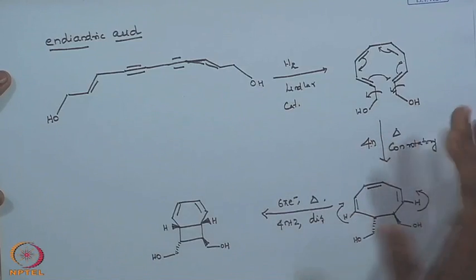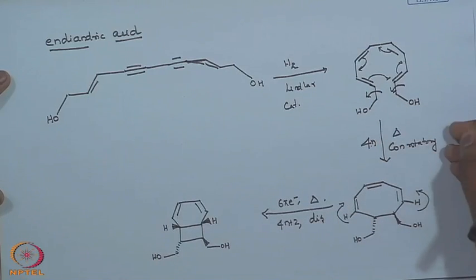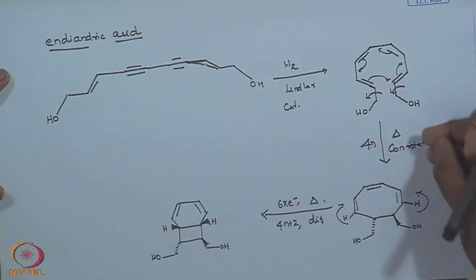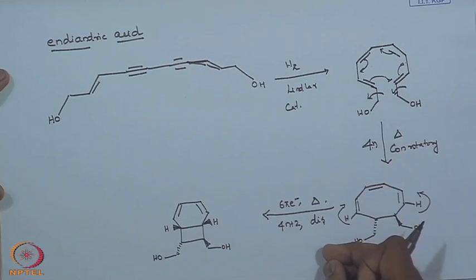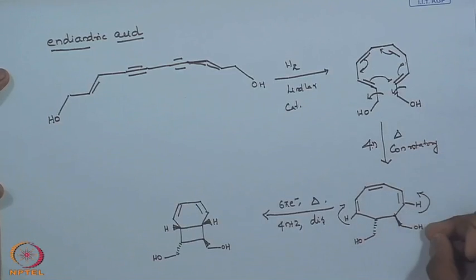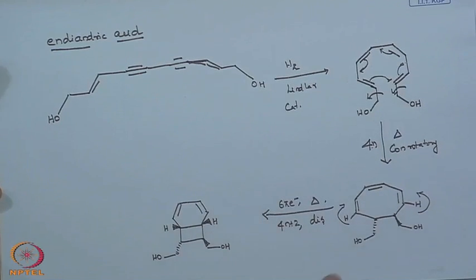You can see your 4n system ring closure, and at the same time your 4n plus 2 ring closure. On heating, one gives you the conrotatory product and the other gives you the specific product. These are the beauty of electrocyclic reactions. Clear? Any doubt on this?